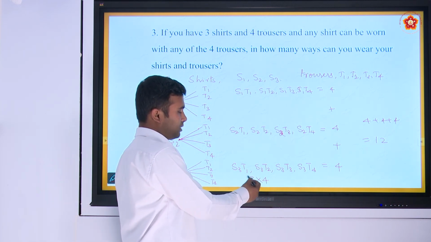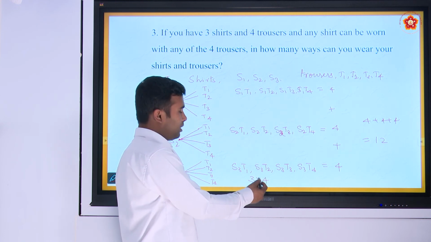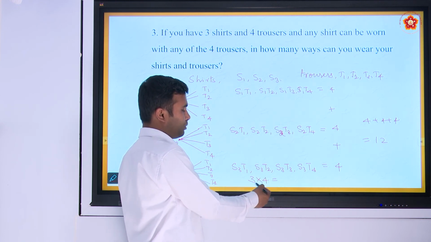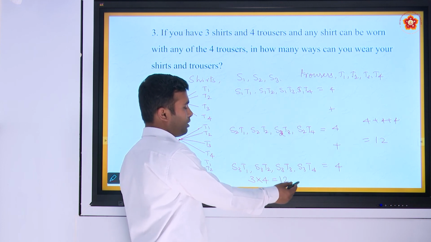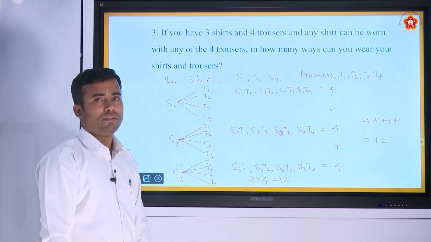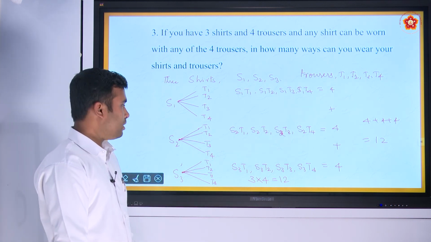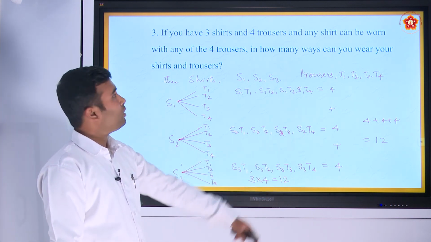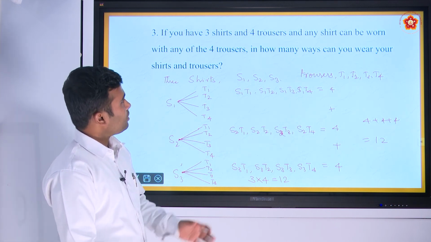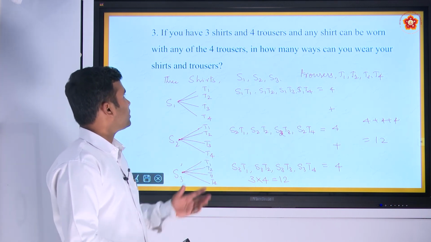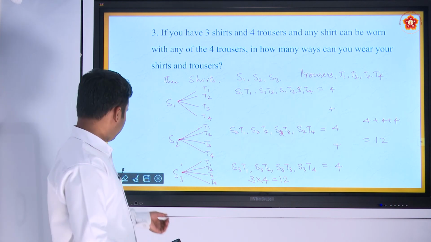The number of possible shirts is 3, the number of possible trousers is 4. Therefore, if you multiply 3 into 4, you will get 12. So there will be 12 pairs of shirts and trousers possible. So the answer to this question is 12 pairs of shirts and trousers are possible.